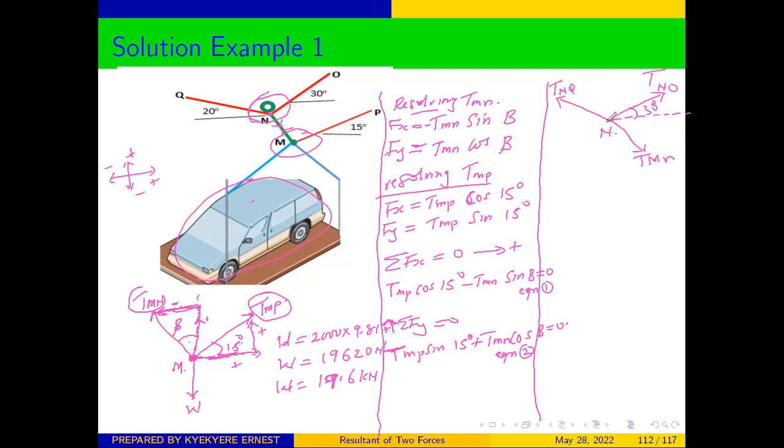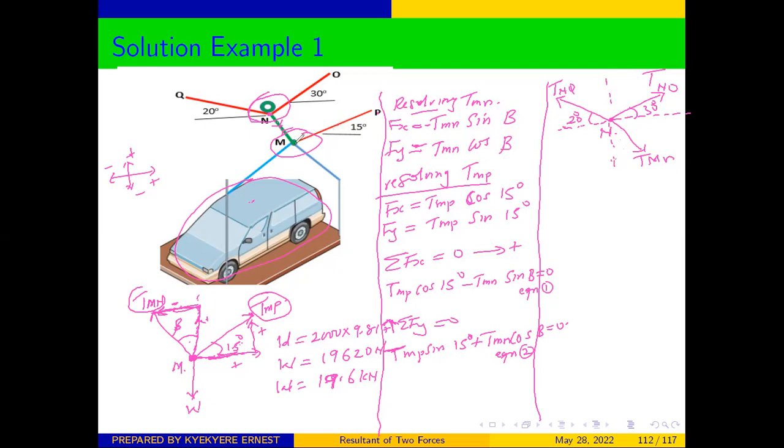TNQ is also making an angle of 20 degrees with the horizontal. Therefore, once you have been able to do this, you can see that none of the three forces is in the X or in the Y, and therefore we need to resolve into components.